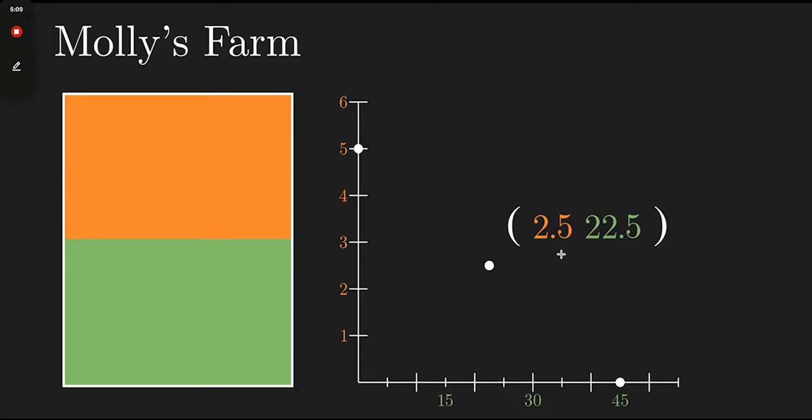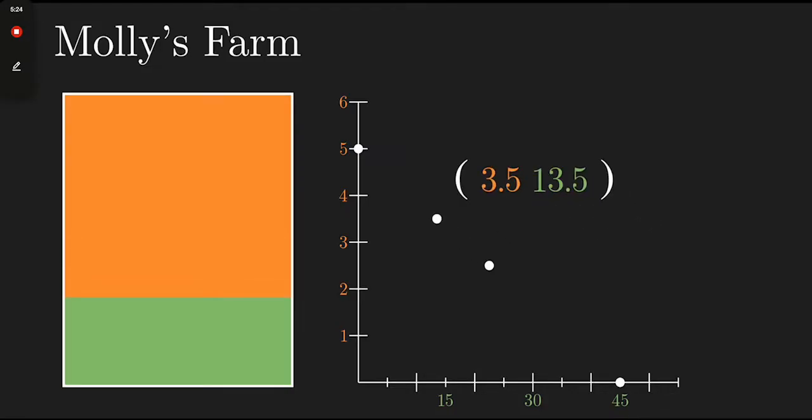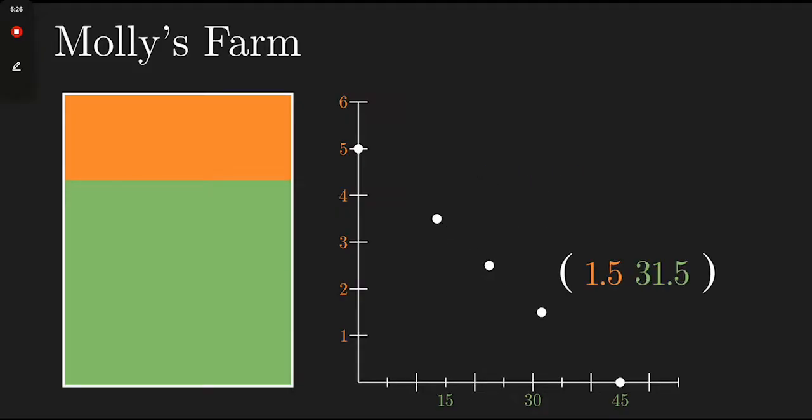So she grows half of her farm with carrots. So it's 5 divided by 2, so it's 2.5. And the same here, so 22.5 is half of 45. And it turns out we could grow any combination of carrots and spinach, at least a pretty large range of combinations here.